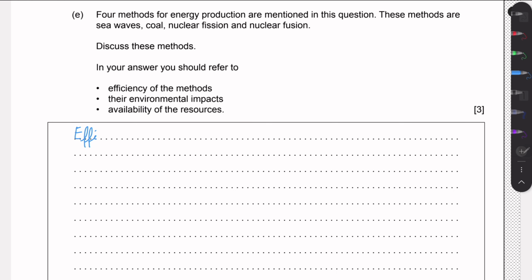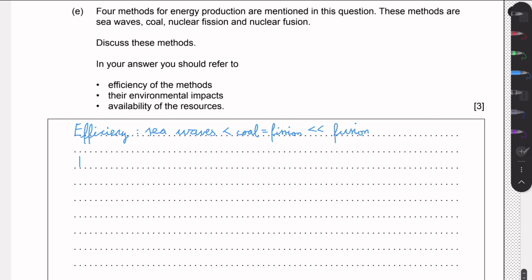So let's see first of all the efficiency of these methods. So the least efficient will be sea waves. Tidal power is usually the least efficient. Then coal and fission are very similar. And then fusion has the potential to be the most efficient if we could achieve this, but as I said, this is not really yet possible.